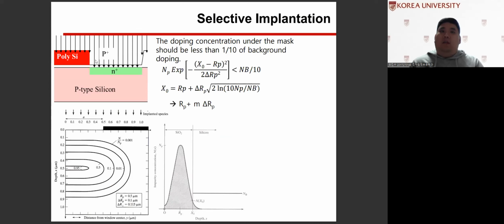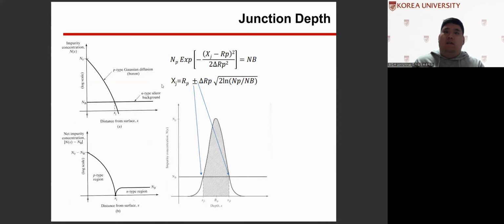When we make a hard mask to selectively implant, we need to stop the ion inside the oxide, not let it get into the substrate. We can use some mathematics to decide the thickness of the mask.